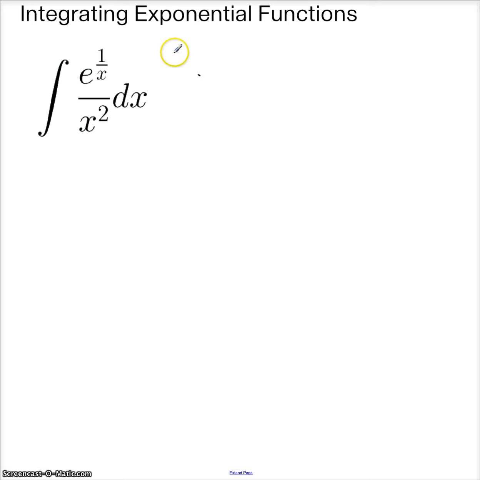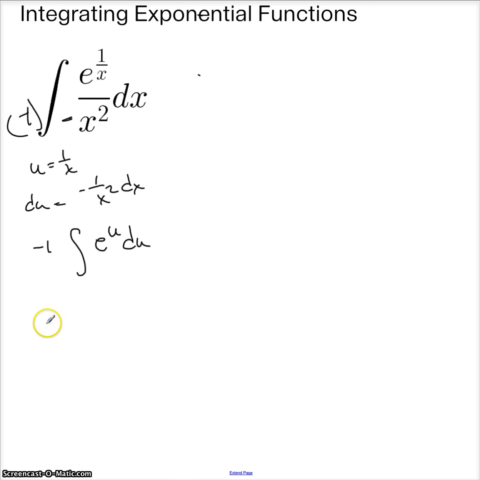Now, what if I have something like this? e to the 1 over x divided by x squared. Again, whenever you have something in the exponent, start by letting u equal 1 over x. Let u equal that. Then du is minus 1 over x squared dx. Okay, so if I have a negative sign here and a negative 1 here, this becomes negative 1 times the integral of e to the u du.